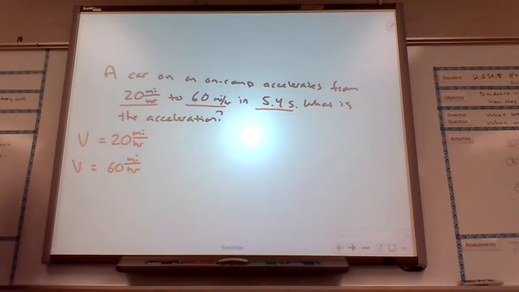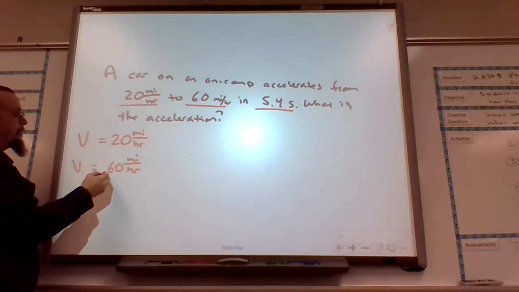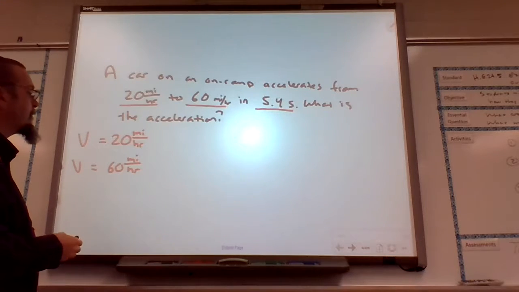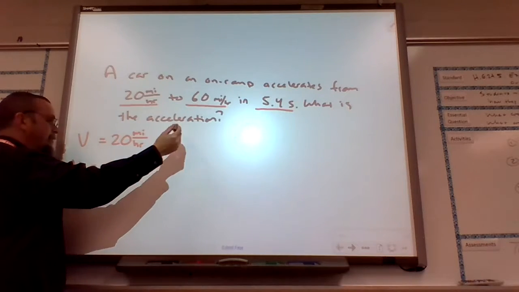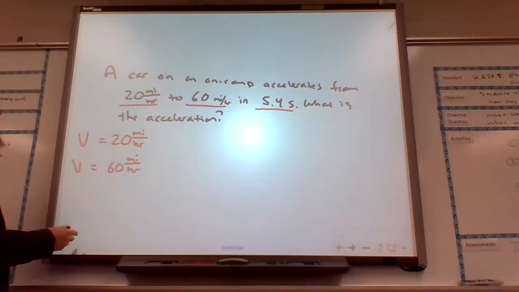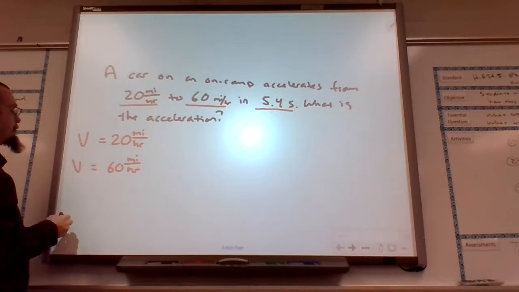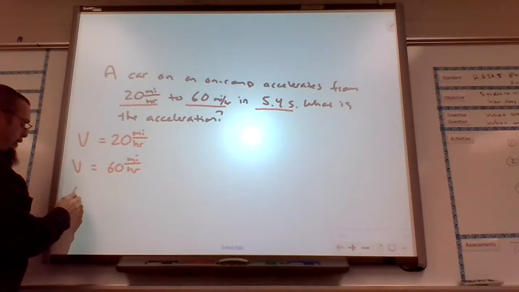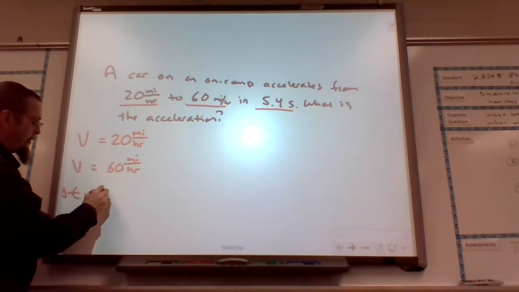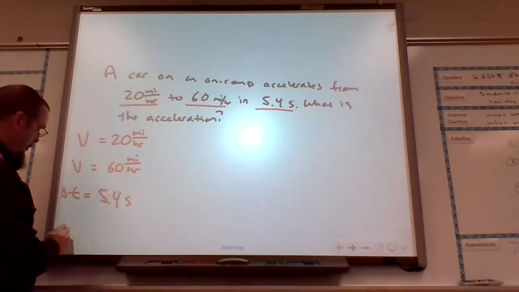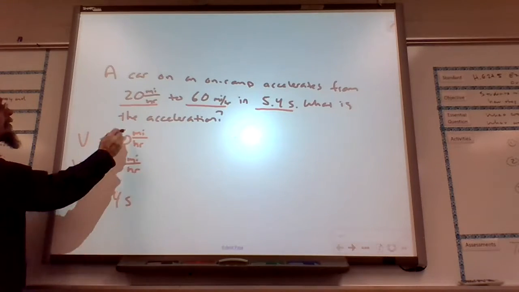Now I want to say these do look like just speeds because there's no direction on them. But it's implied that these are positive, so we're handling the directions that way. We're not worried about north, south, east, and west on these acceleration problems. It's the sign that's going to dictate direction. And then our time, our delta t, is 5.4 seconds. We're looking for acceleration.